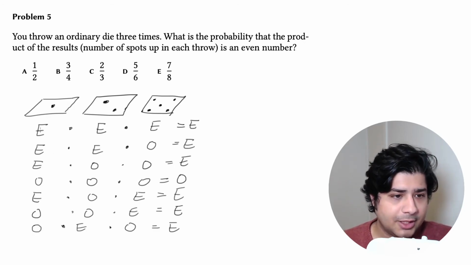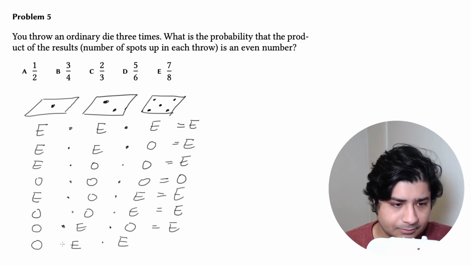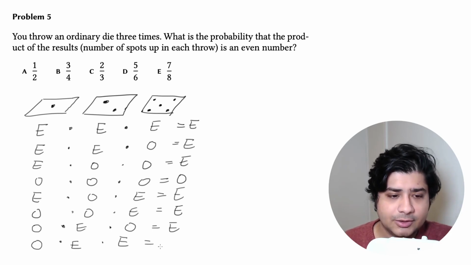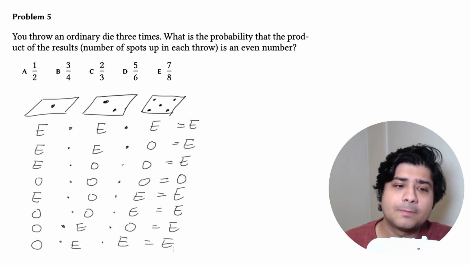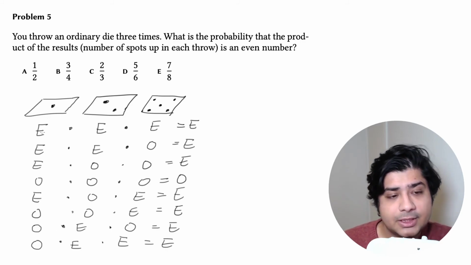So the one that we are missing here is going to be, let's see, that should be the first one being odd. And then you have even, even, right? We don't have that one yet. So odd and then 2 evens at the end. Then you also will get an even.